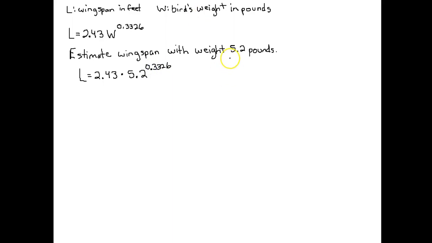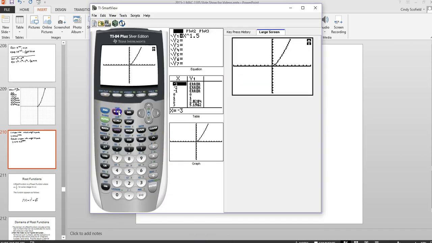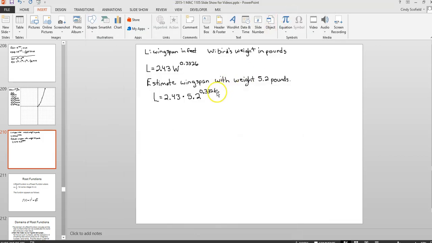You do the 5.2 raised to the power, then times 2.43. I'll put that in my calculator here so you can see. The calculator will do order of operations. So I put in 2.43 times, and then 5.2 raised to 0.3326. Hit enter, and there we go. Rounding to the nearest tenth, the wingspan is roughly 4.2 feet.